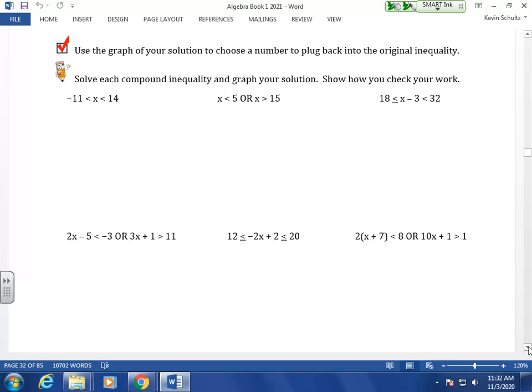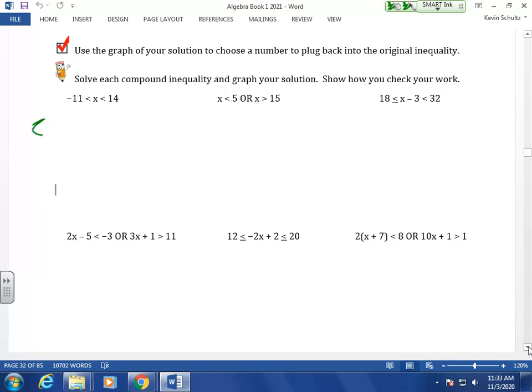It's easy to see, if it's an or statement, you literally have the word or smacked in there. But what this is saying here is that x is between negative 11 and 14. It's kind of like if we combined the inequalities, negative 11 is less than x, and x is less than 14. Put those things together, and x is going to be in between them. Okay?